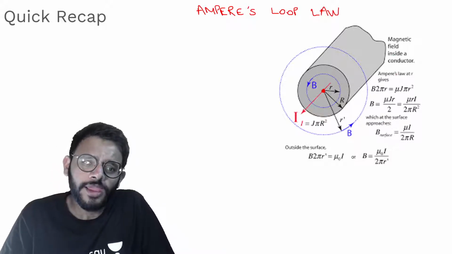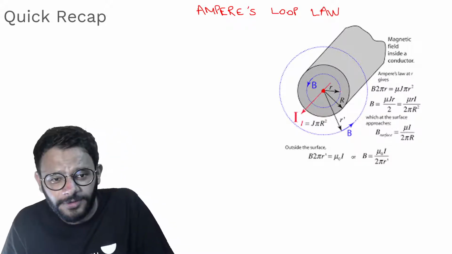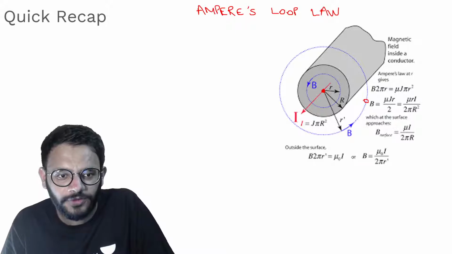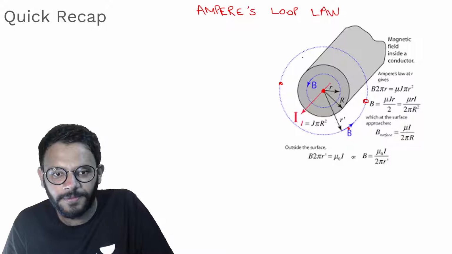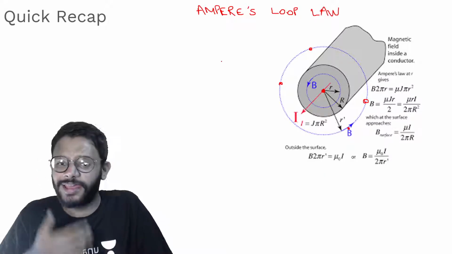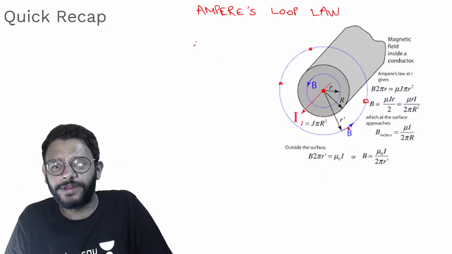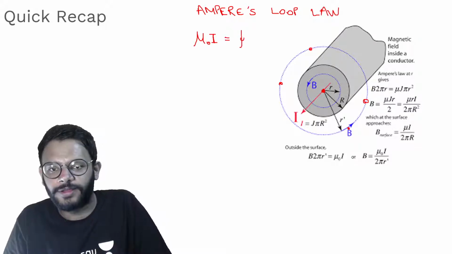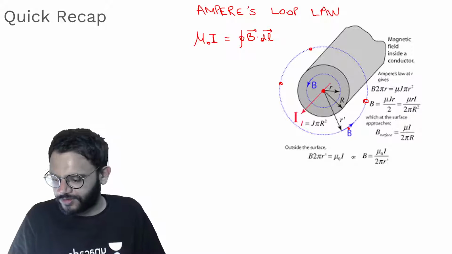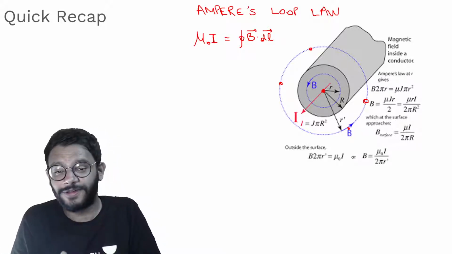And for this, let's just calculate the field outside at any point B. So the field is going to be the same on this circular ring, and I simply know that mu naught into I is equal to the integral of B dot dl, which is simply the Ampere's law.